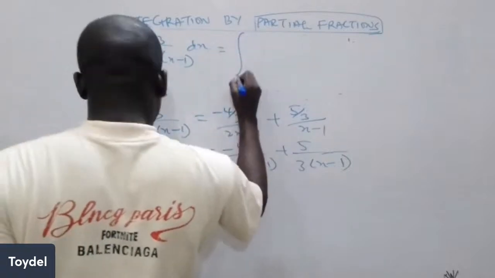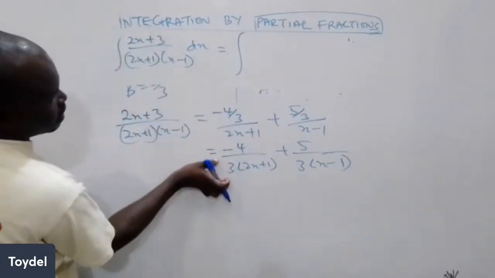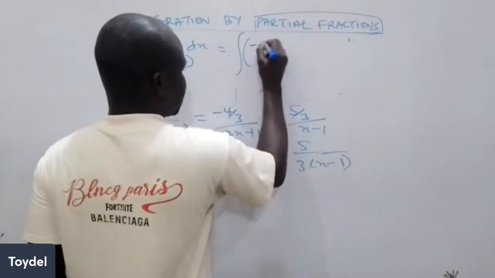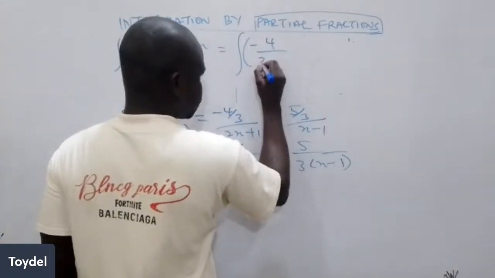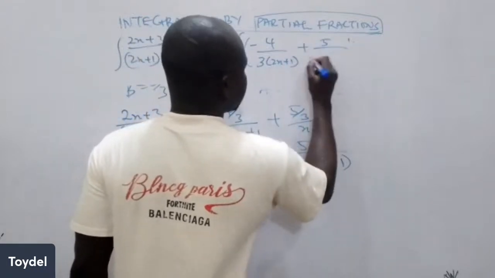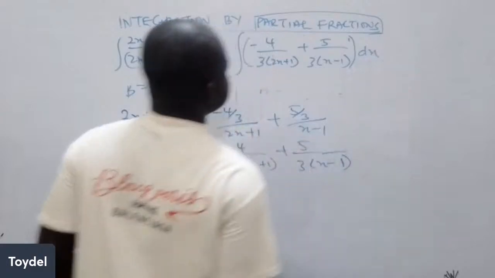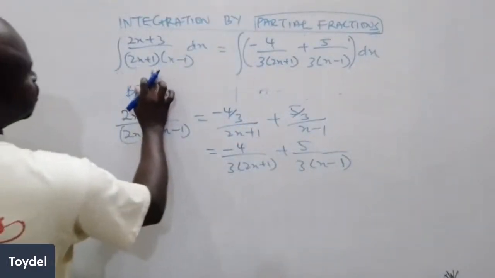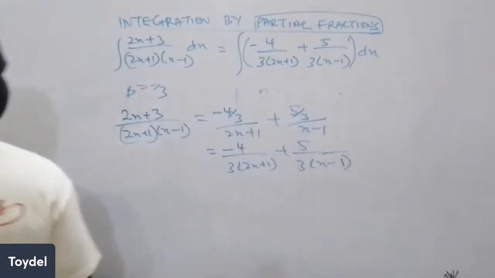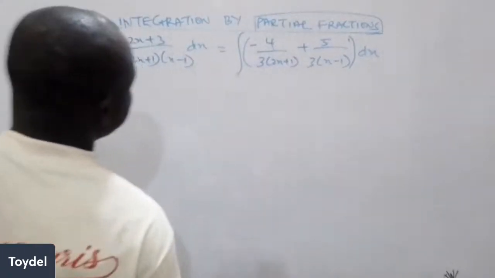I can rewrite the given question as minus 4 all over 3 into bracket 2x plus 1 plus 5 all over 3 into bracket x minus 1 dx. It is the same thing, because this is the compound fraction that we have been able to express as the sum of its partial fractions at the right hand side. So we now have it in the standard form.